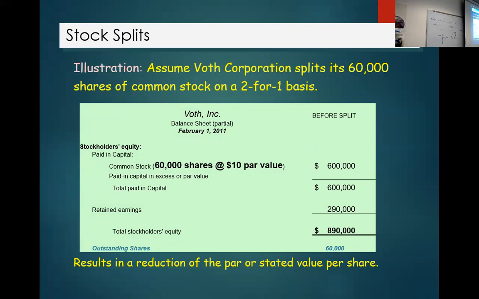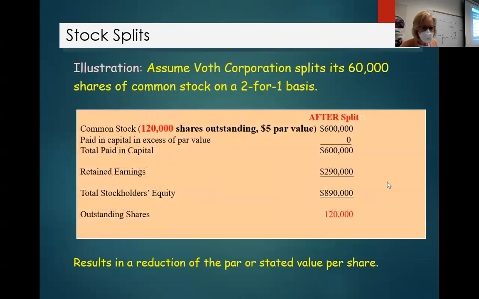It doesn't pertain to the problem. Okay, 600, 290, total 890. Company announced a 2-for-1 stock split. The only thing that changes is the description here. The dollar amounts don't change.